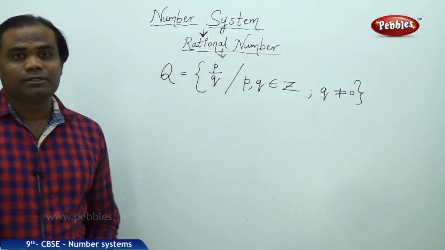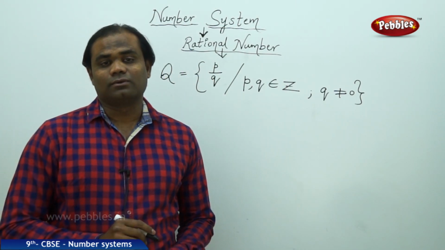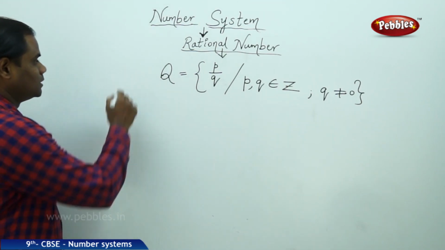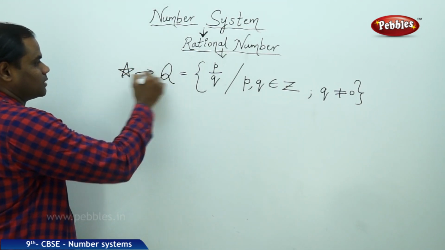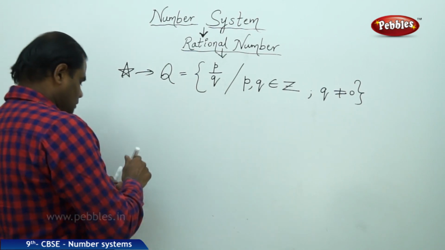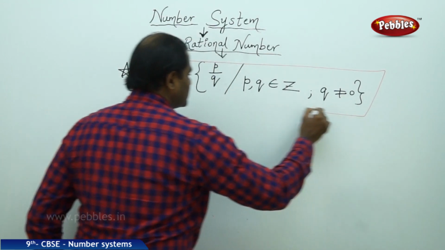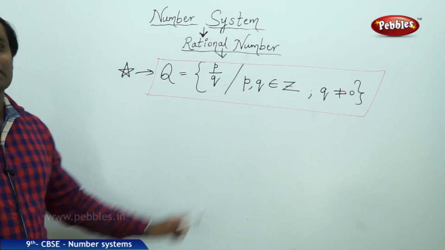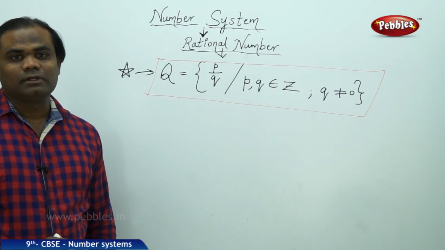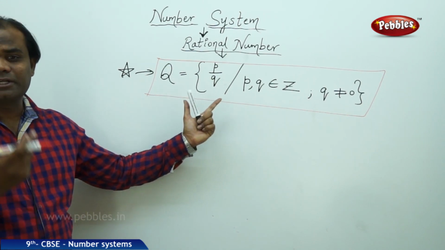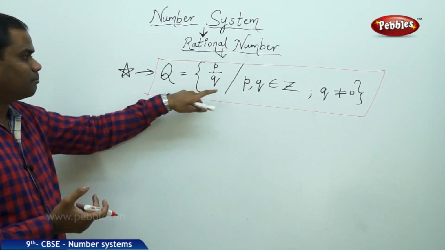The denominator should not be equal to 0 is how we understand the set of rational numbers. So whenever we think of rational numbers, we think of this common formula Q, which stands for the set of rational numbers.